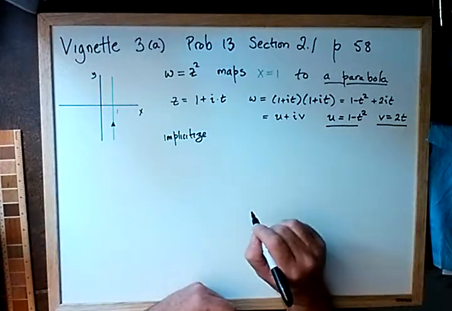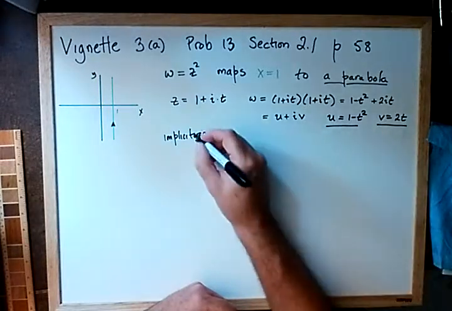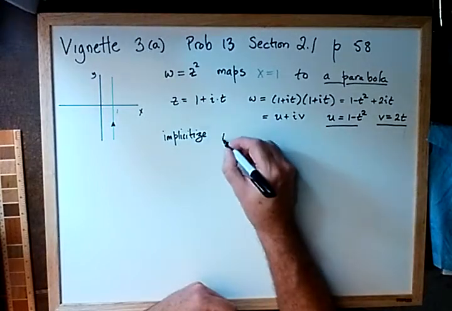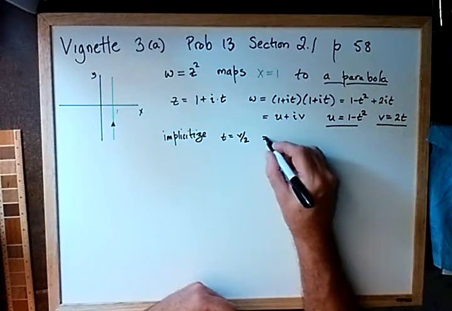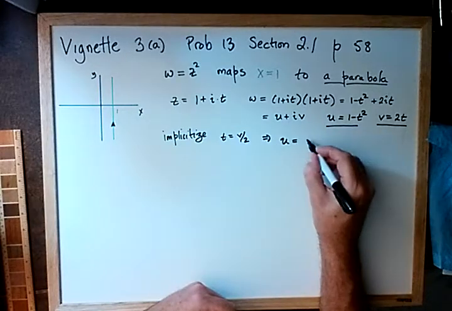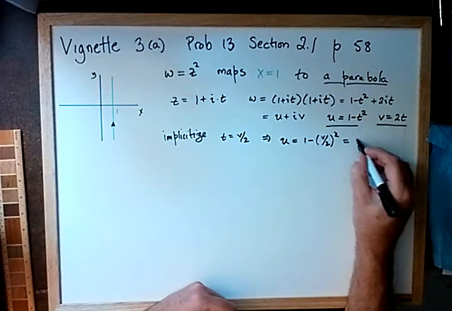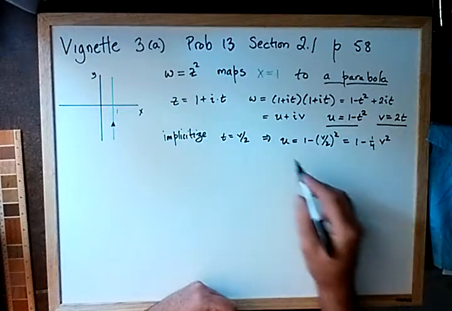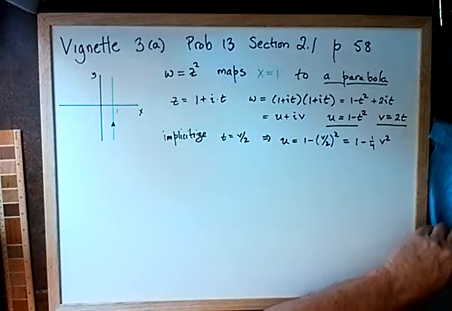I should show you a more general method to do that, and maybe I will for another example. But to implicitize this, we just say t equals v over 2, and then that implies that u is 1 minus (v over 2) squared, which is 1 minus 1/4 times v squared. So it's equation u in terms of v, u is in terms of v squared.